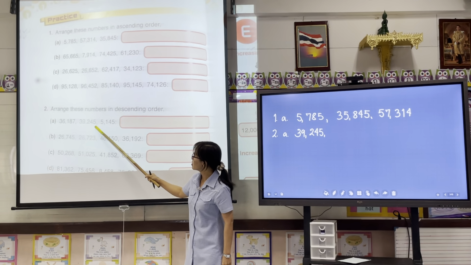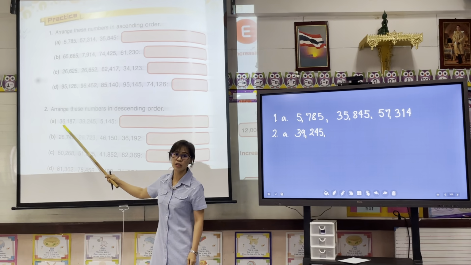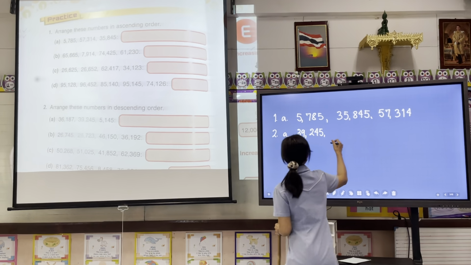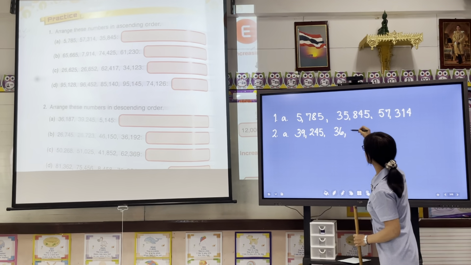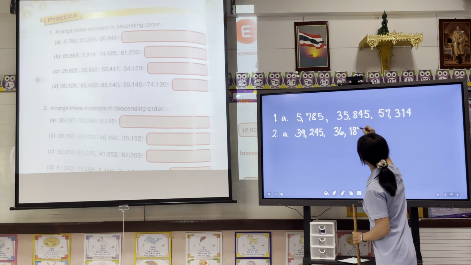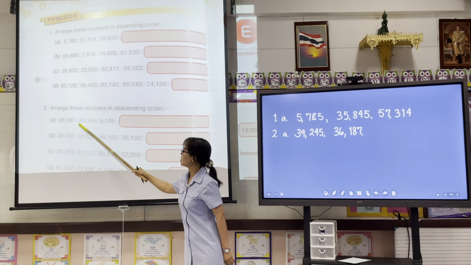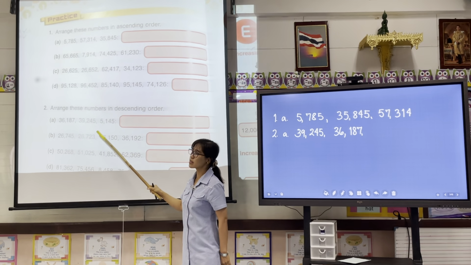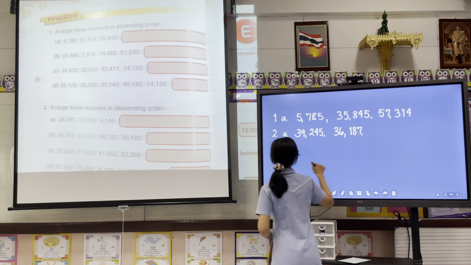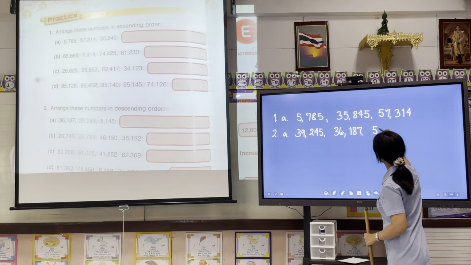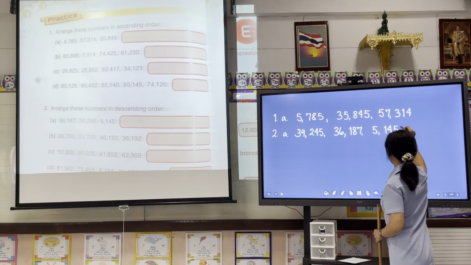Next to it, we are going down. The numbers are getting smaller. So that is the next one. 36. Okay? Please write down your answer. 36,187. Okay? And which is the smallest number here? Of course, 5,145.